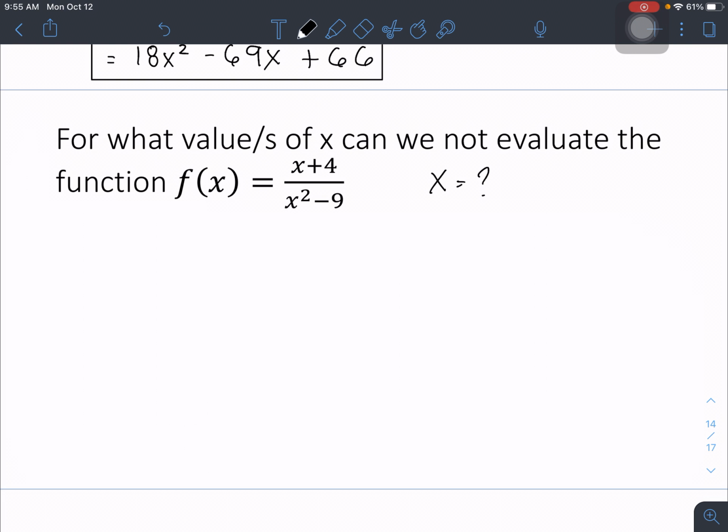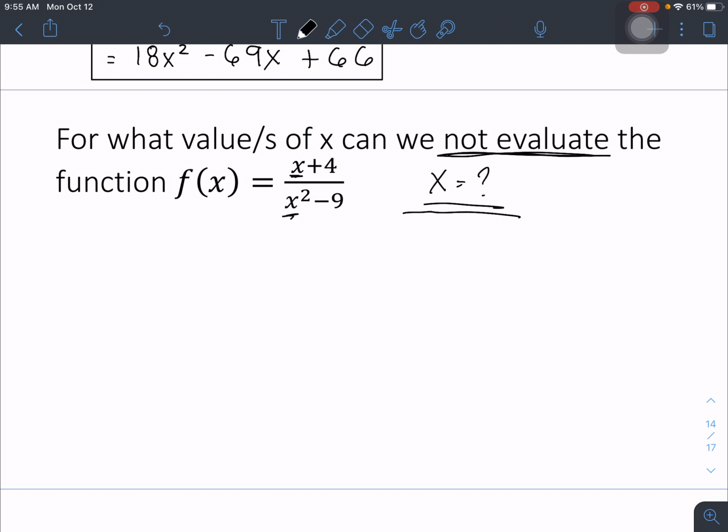So this is a fraction form function. In order to identify what must be the value of x for us to not be able to evaluate the function.